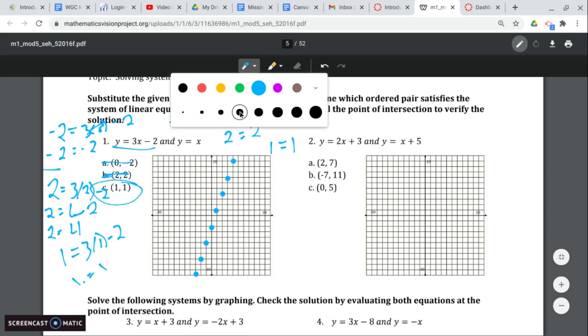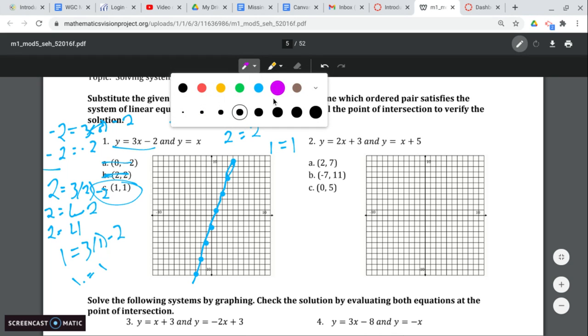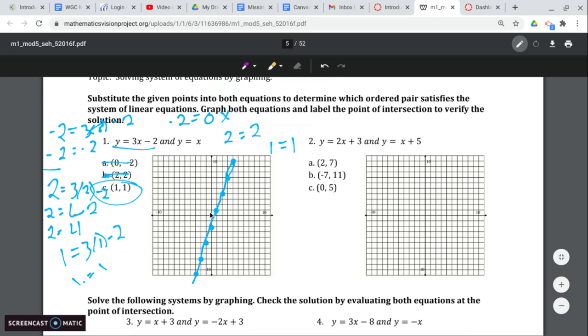Now we need to graph the second equation. I'm going to try to draw the line through these. So our second equation, y equals x, we start at the origin. So here is our y-intercept. Anytime you have an equation that's just y equals x, it's the same thing as y equals 1x plus 0. So we start at 0.